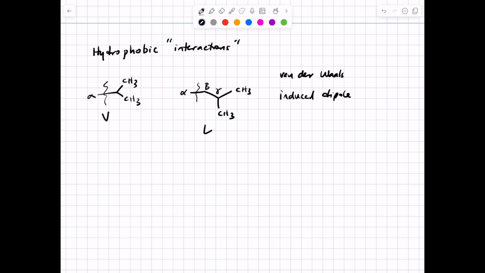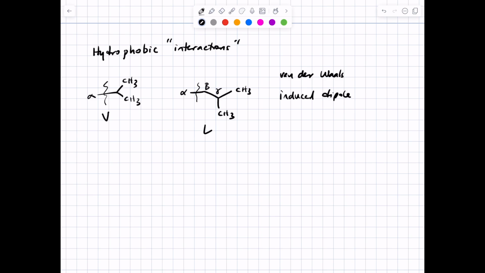What that means is when two nonpolar molecules get close together, the motion of the electrons in those two molecules becomes correlated, such that the electron cloud leans to one side on one molecule and the other electron cloud on the other molecule will lean in such a way as to provide a complementary interaction.